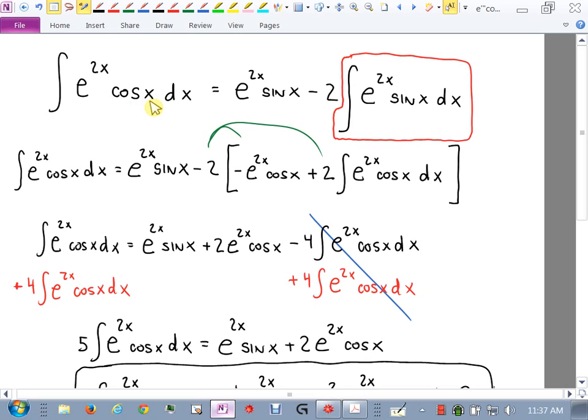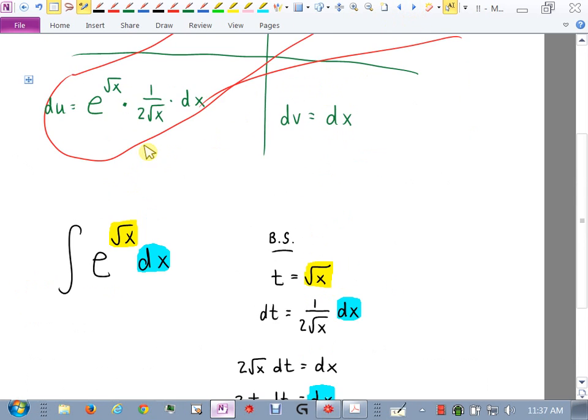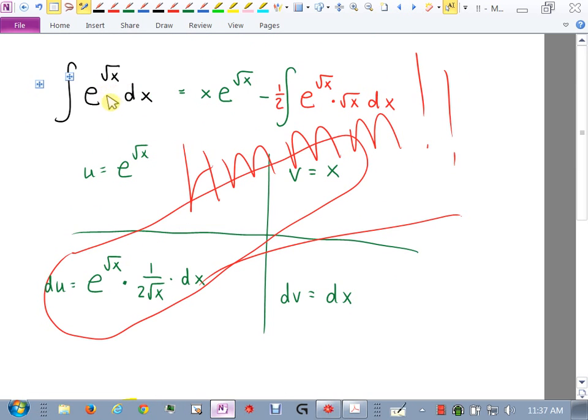You could choose x, but we said we don't choose x, so the only thing left would be 2x. But you really wouldn't gain a lot from that. This particular example was one where if you try to go without a substitution, it just gets uglier.